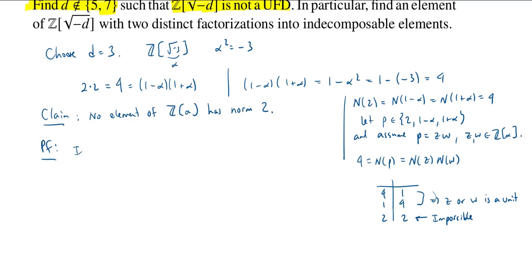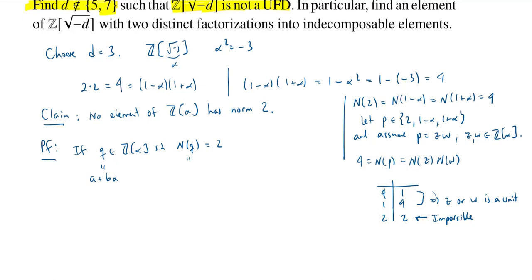So, we can use a different letter. Q, say, is in Z alpha, such that the norm of Q, well, I don't even really want Q. I want to write it down explicitly. So let's write Q as something like A plus B alpha, because that's what things in this ring look like.